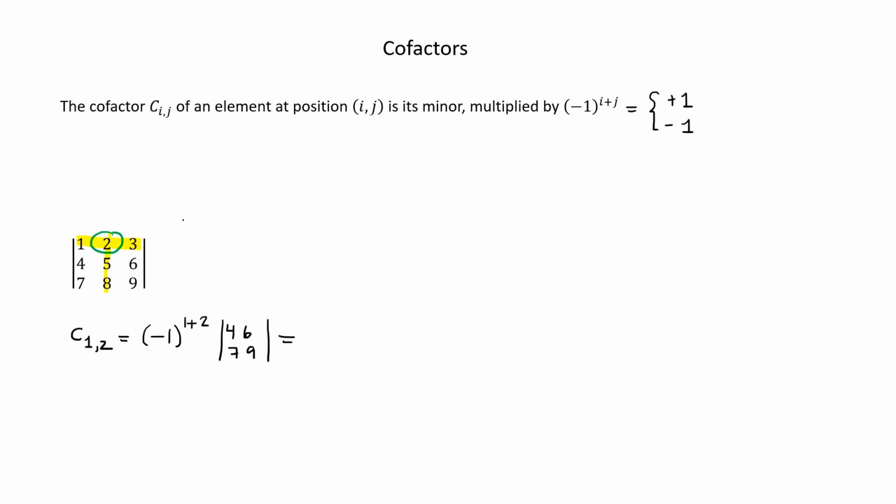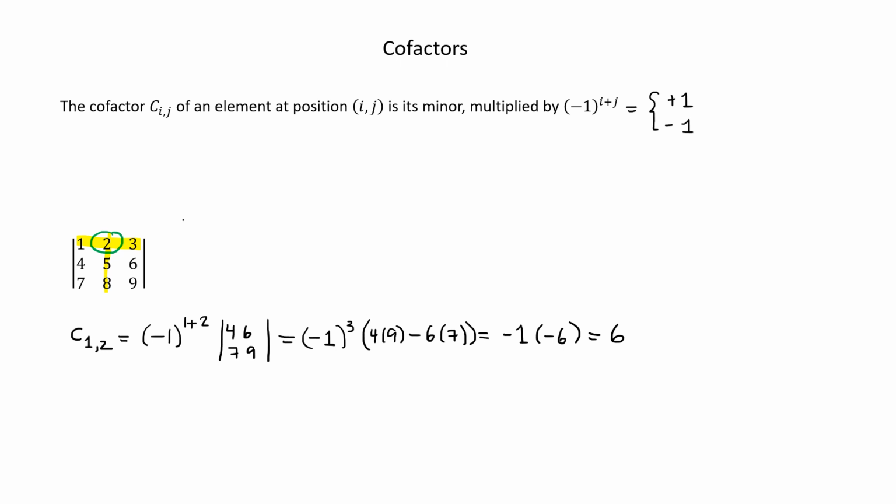This produces the element -1 cubed, which is -1, times 4 times 9 minus 6 times 7. Okay, so this is -1 times -6, or 6, is the cofactor of this element, C12.